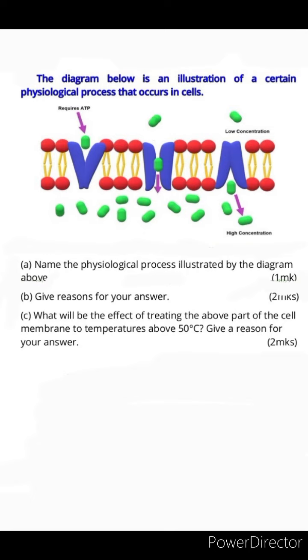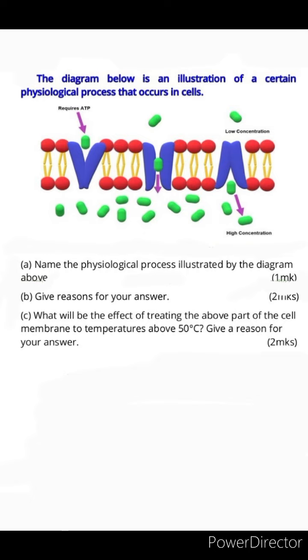Now, part A, name the physiological process illustrated by the diagram above. Now, we are given hints from the diagram on which process this is. Let's look at the concentration of the particles. We are having particles moving from a region of low concentration to a region of high concentration. So that clearly takes out diffusion and osmosis. It cannot be these two processes. Why?